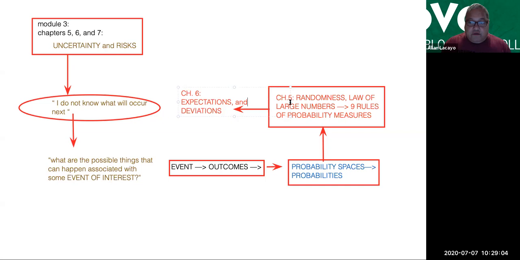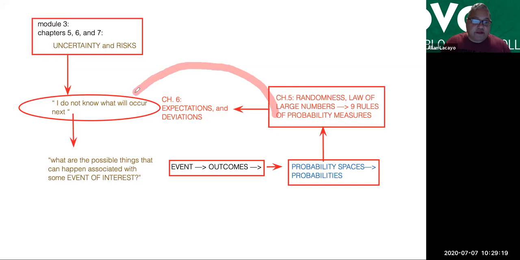And that's what we will do as a topic in chapter 6, develop expectations and deviations. And that's going to be our bridge that connects us from the rules of probability to answering the question of not knowing what comes next.